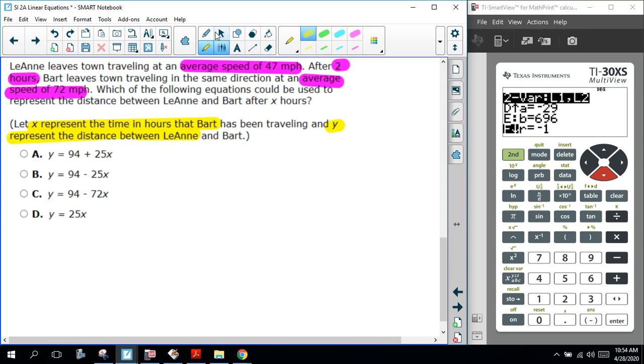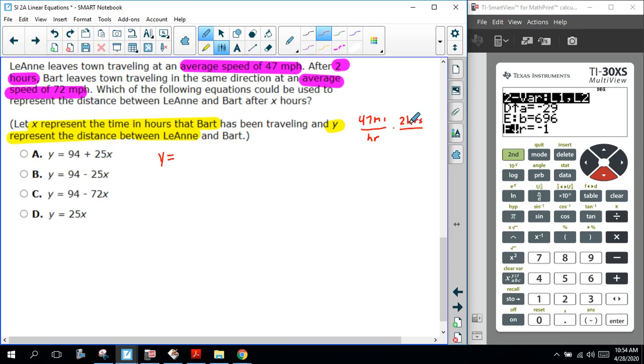Well, if we take a look at this, Leanne has a head start. So y, the distance between them, equals, well, what does it equal to? She's traveling 47 miles per hour, and she's traveled before Bart ever starts for 2 hours.